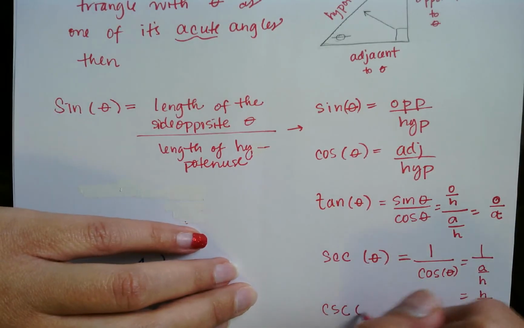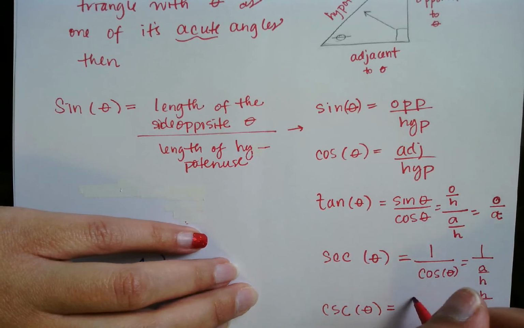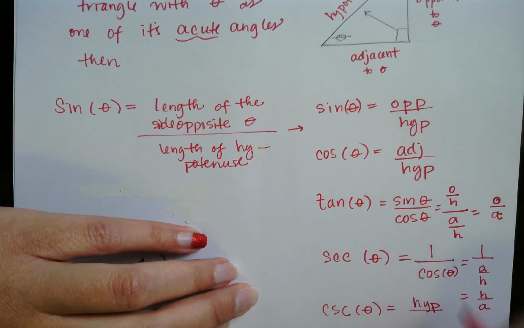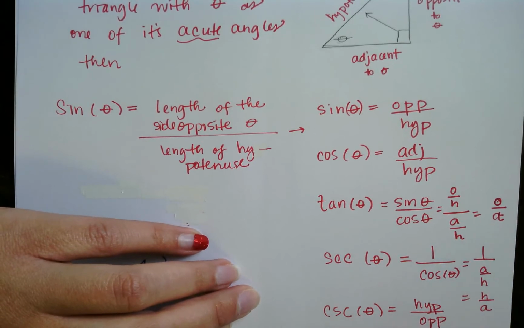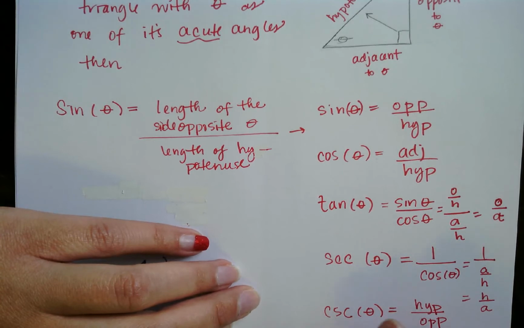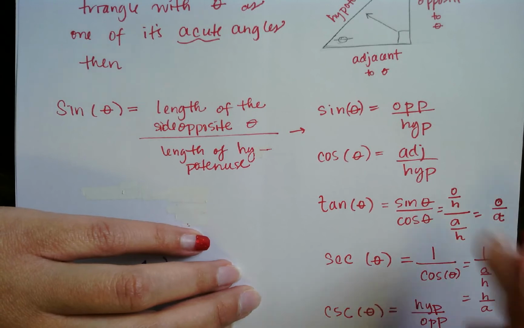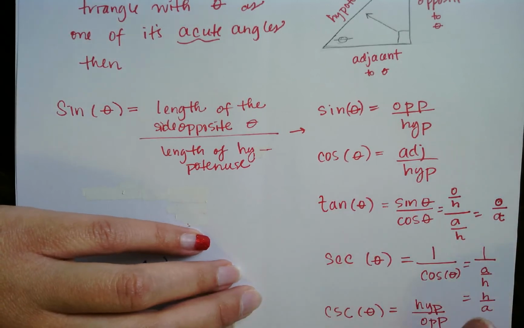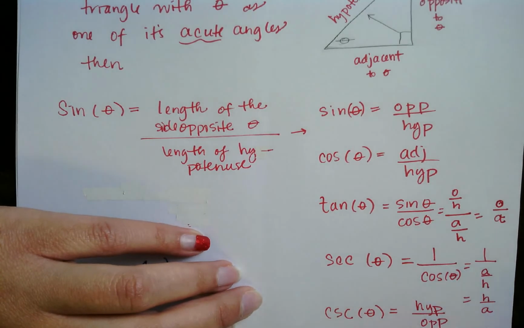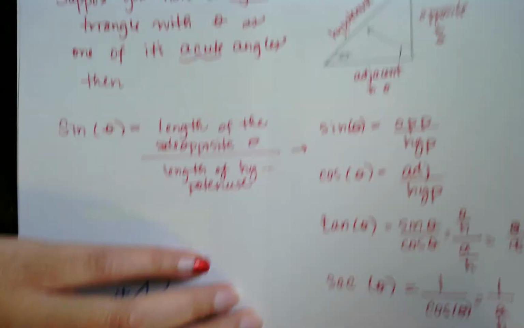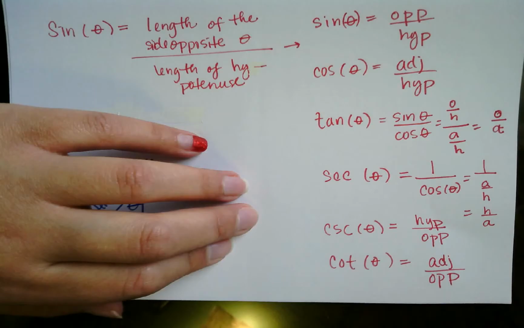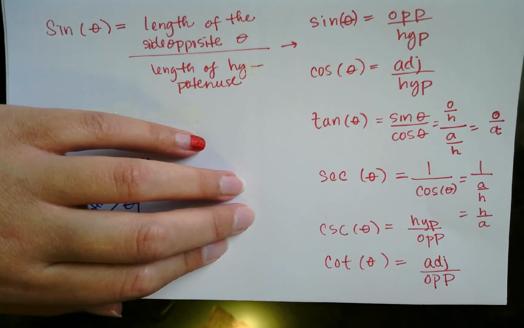And cosecant of theta, flip your sine, that's hypotenuse over opposite. I'm sorry, I'm having brain farts, I didn't have my coffee today. Cotangent of theta equals flip your tangent, adjacent over opposite. So those are your 6 new trig definitions.